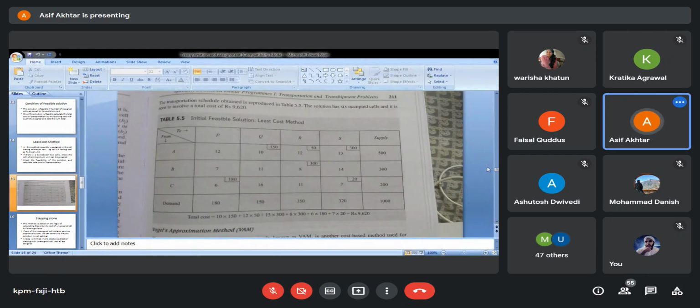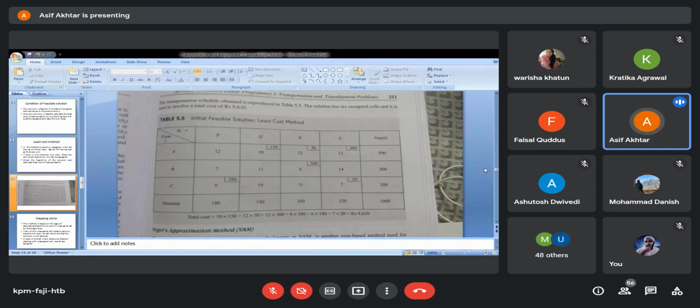Let me move ahead. So this is what we have: northwest corner and least cost method. Now in the examination, whenever a problem of transportation is given, obviously a part of the question is to calculate the initial feasible solution. There are two ways of asking this question. Either it is simply given to calculate the initial feasible solution and the examiner does not mention the method to apply, right?